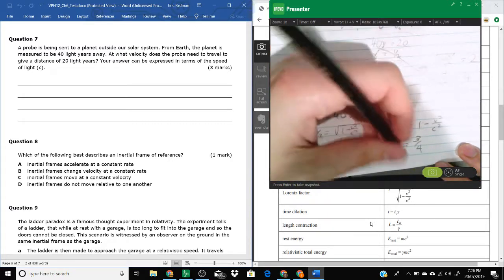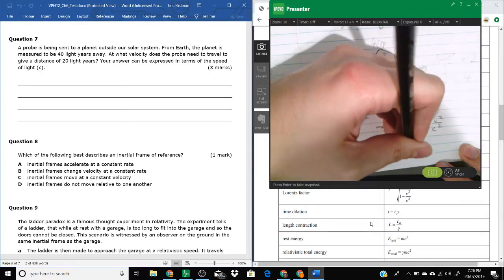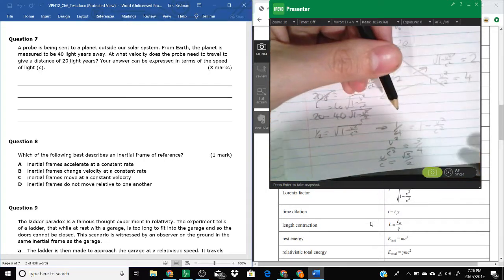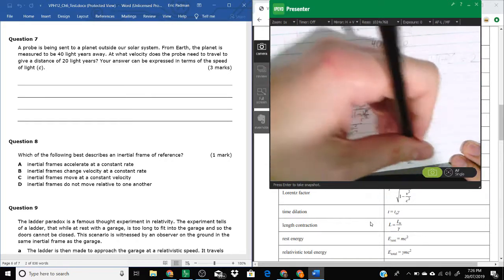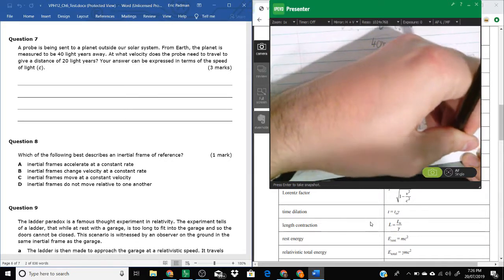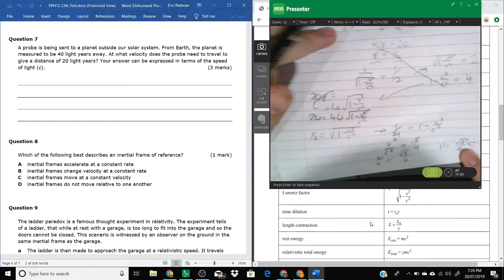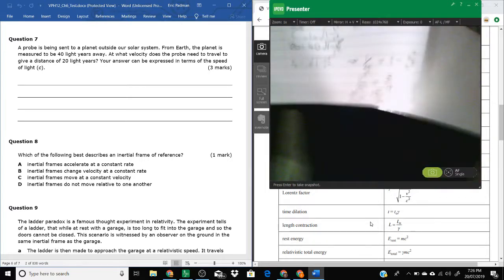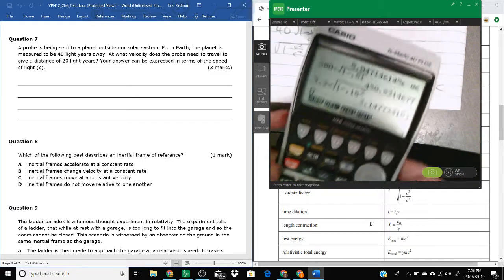Then I can take the square root of both sides: v on c equals the square root of 3 on 2. If you want to break it into decimals, it doesn't really matter at this point, we're going to round things off anyway. Times by c, velocity equals the square root of 3 on 2 times c. I'm going to grab my calculator and work out what that actually is.